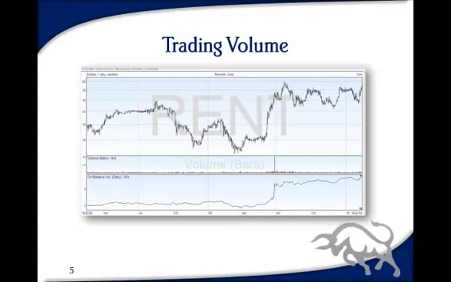If the price is higher, it will add in all the volume that's been traded that day. So if it's a positive day, we're adding that in, and the next day we look at the price again, and if the price is down, it will take away the volume that happened on that day. So it's really a very simple calculation, and obviously repetitive.